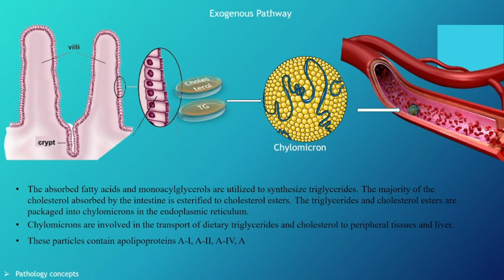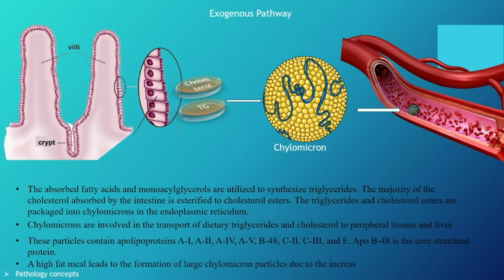This particle contains apolipoproteins A1, A2, A4, A5, B48, C2, C3 and E. ApoB48 is a core structural protein of chylomicron. A high fat meal leads to formation of large chylomicron particles due to increased amount of triglyceride. This is the exogenous pathway of chylomicron formation.